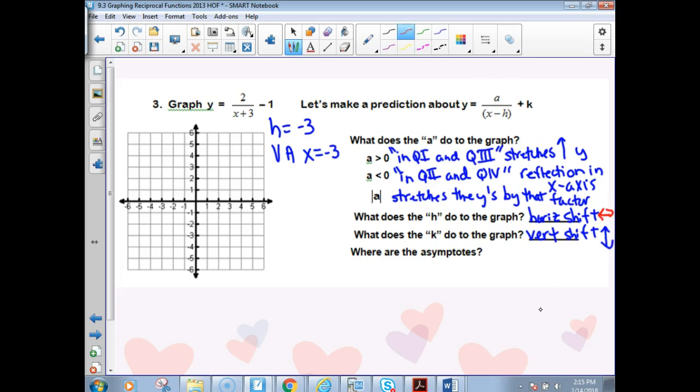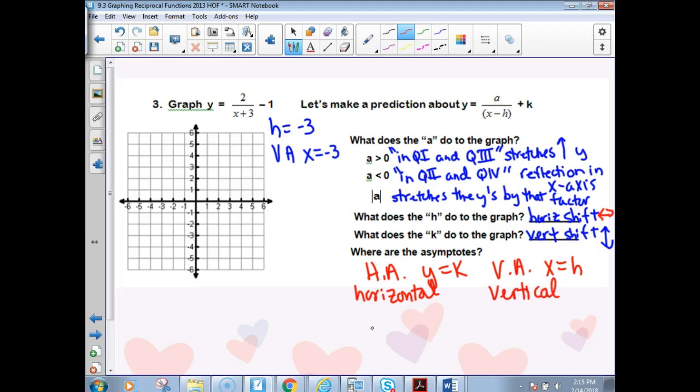You've got to remember, horizontal is going like the horizon, the ground, and vertical is going up and down. Okay, and what are the asymptotes? Well, the horizontal asymptote, which I'm going to abbreviate HA, will be y equals k, and the vertical asymptote, which I'll abbreviate VA, will be x equals h. And if you need to write horizontal and vertical under there, feel free.